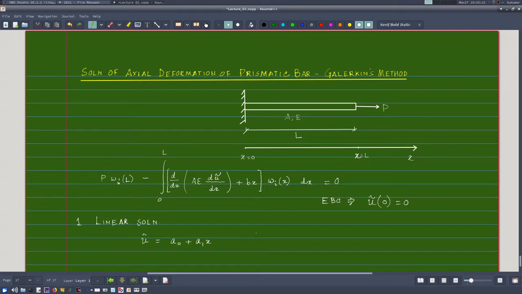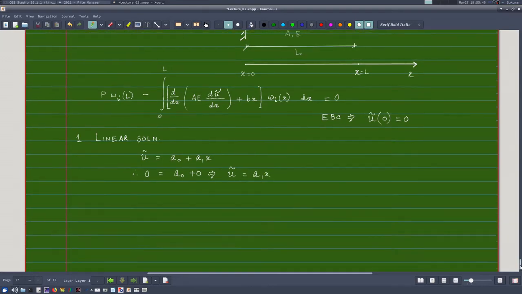And by applying this essential boundary condition, what we get at x equal to 0, u tilde is 0, therefore I get 0 equal to a0 plus 0. Hence I know that u tilde becomes simply a1 into x. Now my job is to find out the value of a1.